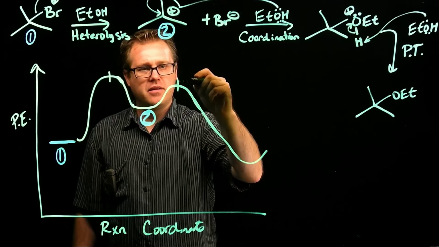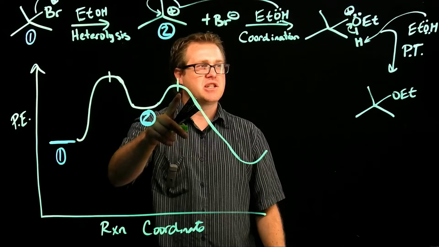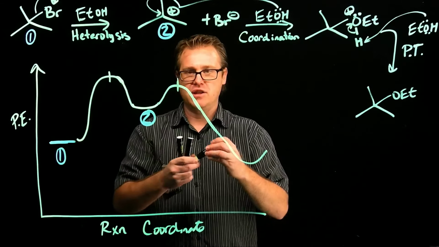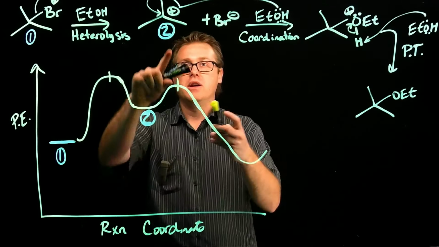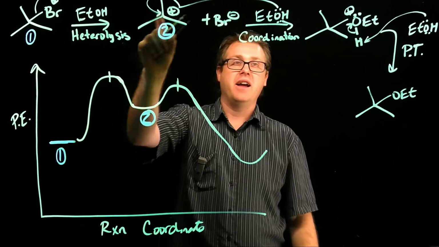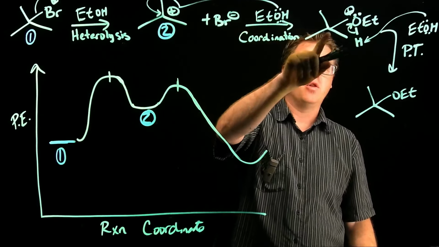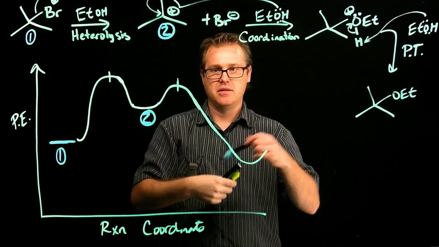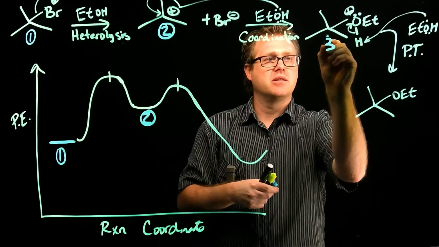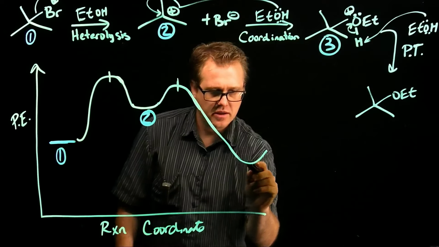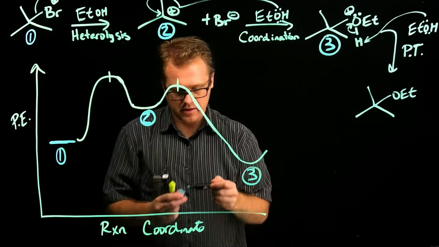What do we have here? There's the transition state for the reaction of the carbocation with the ethanol to form this species. So that's molecule 3, shown right there.